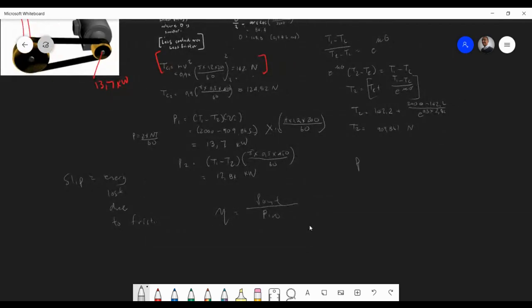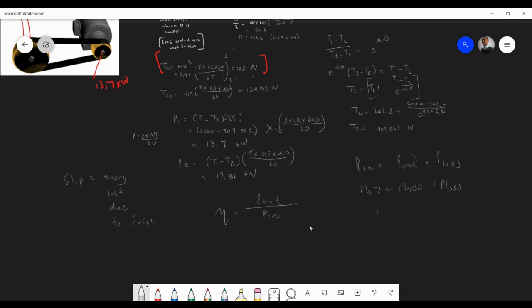So we know, also you've seen this before probably, P in will be equal to P out plus P loss, or P friction. P in will be 13.7, and your P out in this case is going to be 12.84, and therefore that's how you can calculate our P loss.